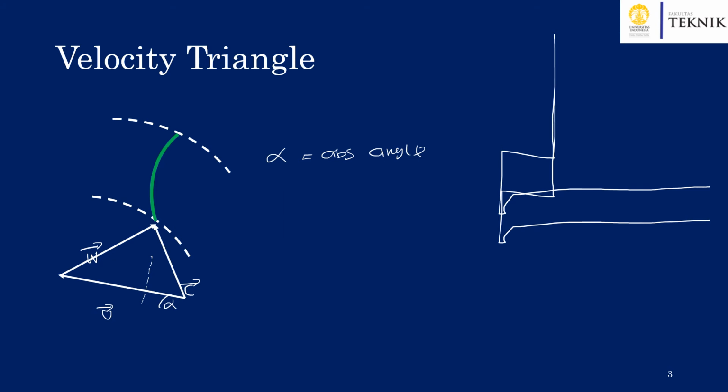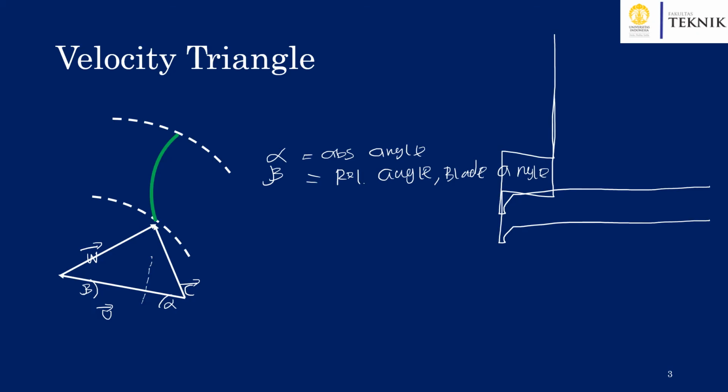The other one is beta here. Beta is the relative angle. This beta, or relative flow angle, can also be called the blade angle.